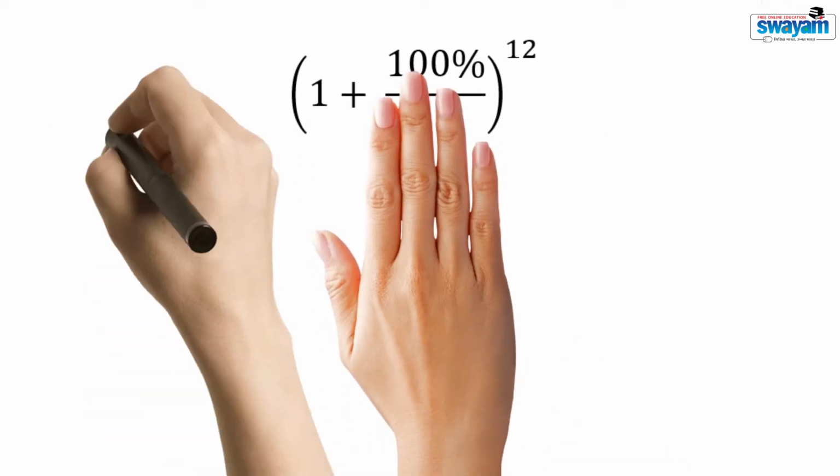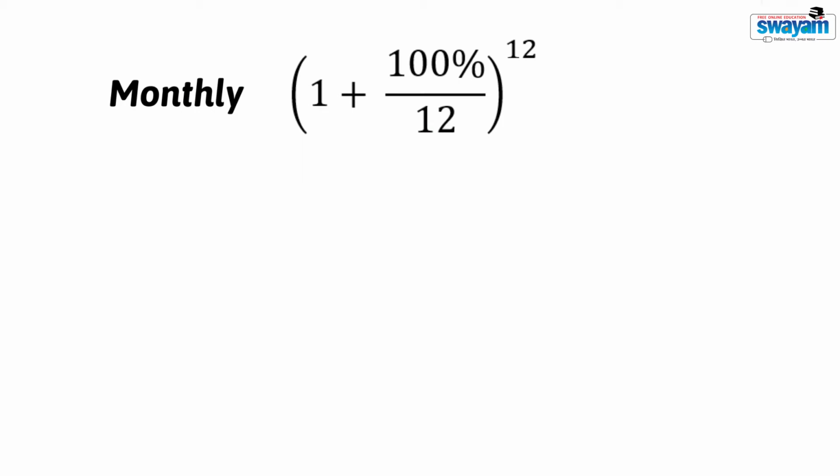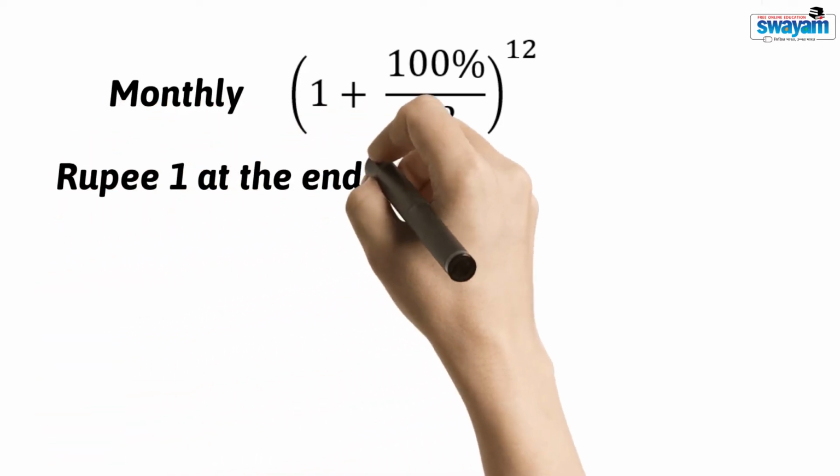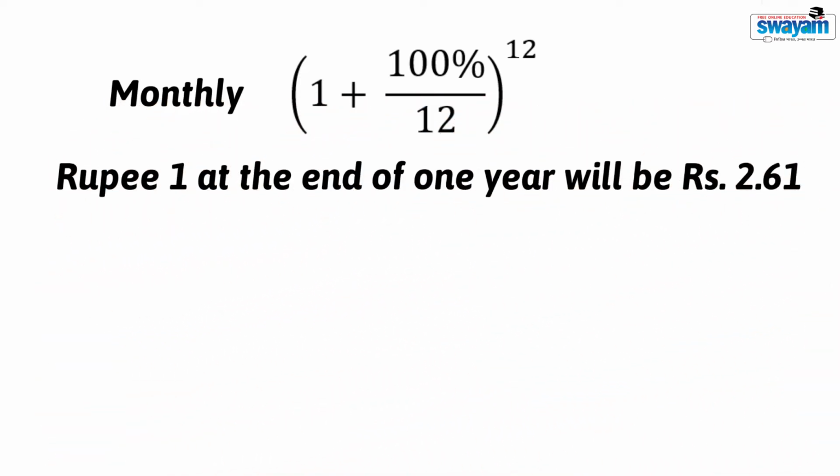Therefore, 1 rupee at the end of a year will be 2.44 rupees. Similarly, this will be the formula if the 100% growth rate is divided every month, and 1 rupee will become 2.61 rupees at the end of the year.